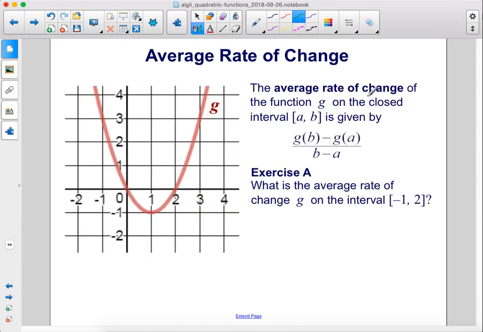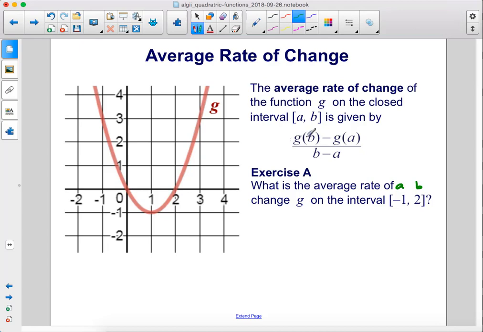The average rate of change of the function g on the closed interval a, b is given by g of b minus g of a over b minus a. Exercise A. What is the average rate of change of g on the interval -1, 2? All right, so this is our a and this is our b.